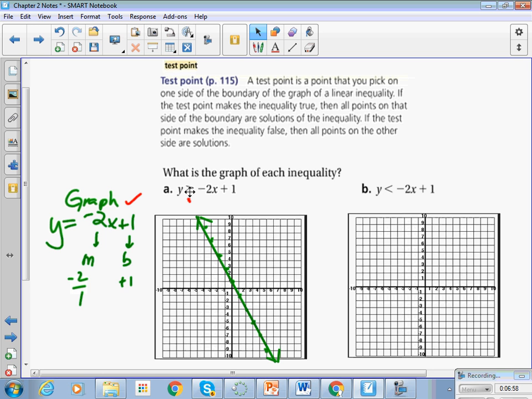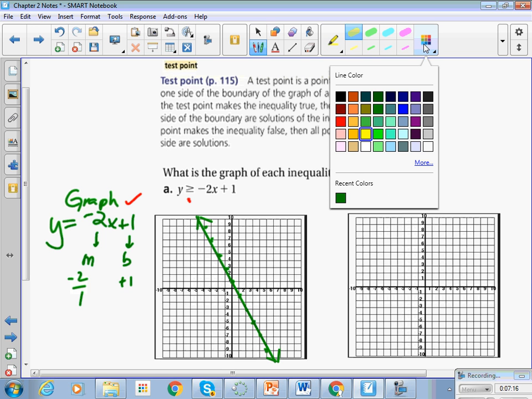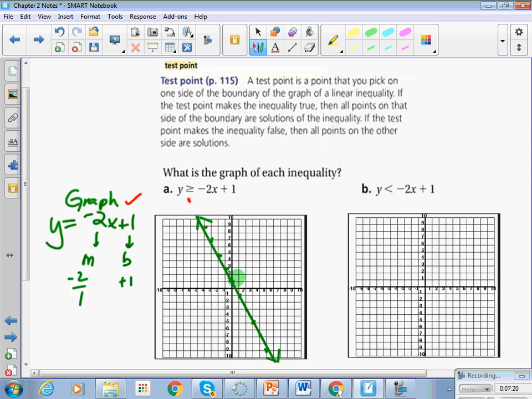I'm going to look at my inequality, and it says all my y's are bigger than negative 2x plus 1. So if you put your pencil on this line, everything above that line is in our solution region.